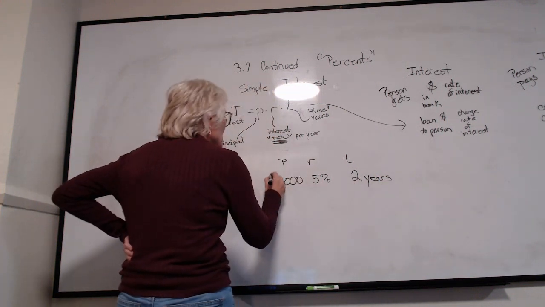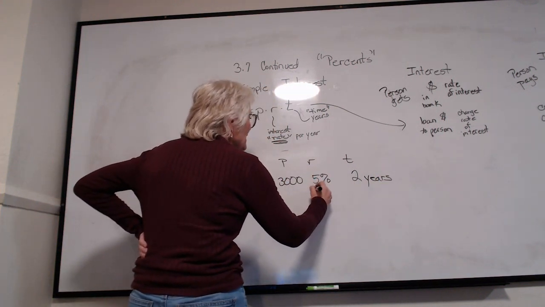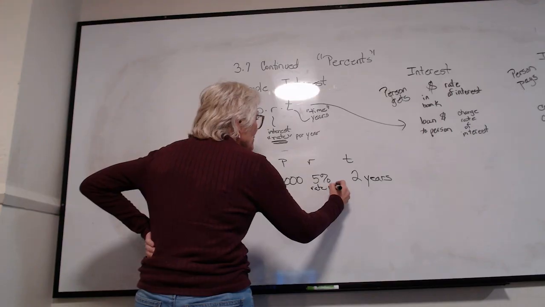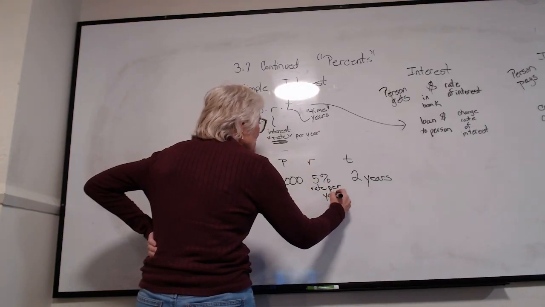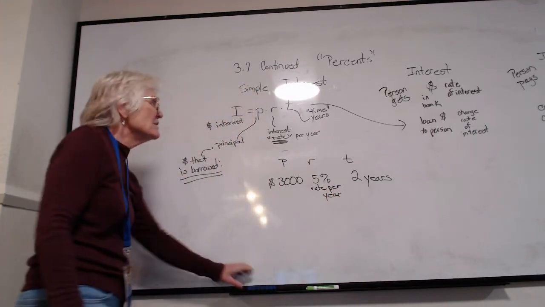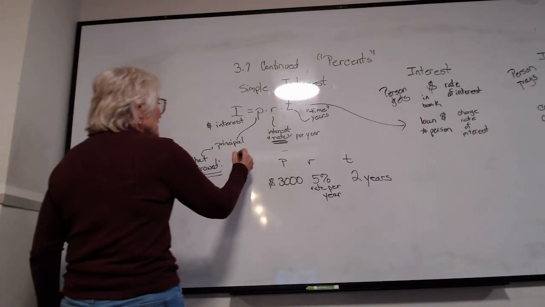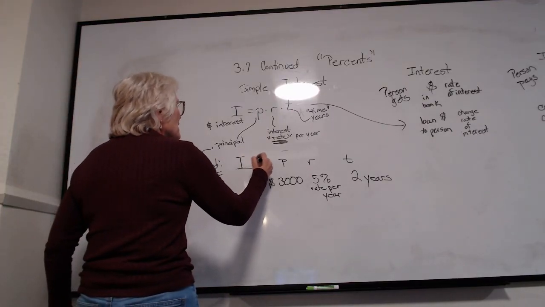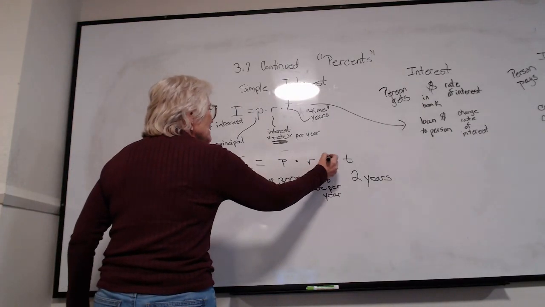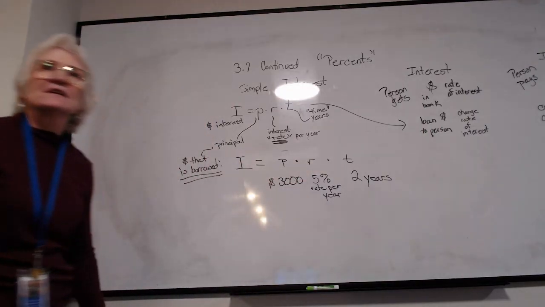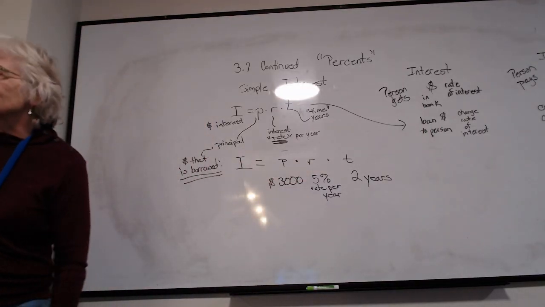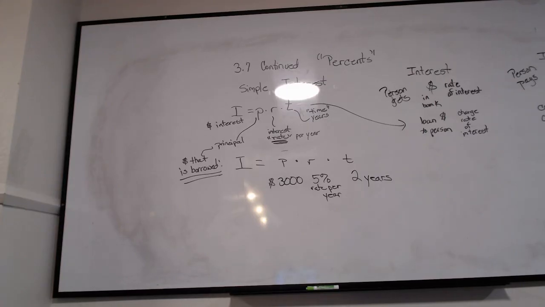This is in dollars, and this is the rate per year. Okay. So we can calculate our interest by just multiplying these three things together. Okay, that's simple interest. We multiply the three things together.